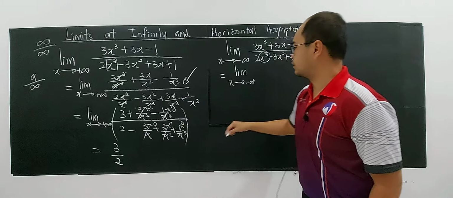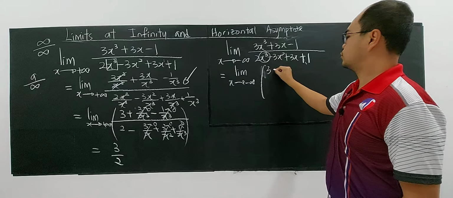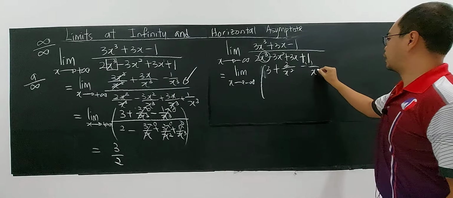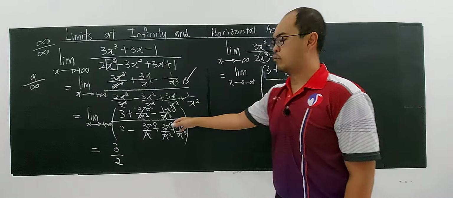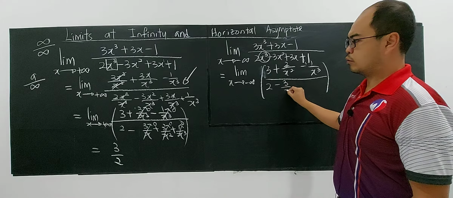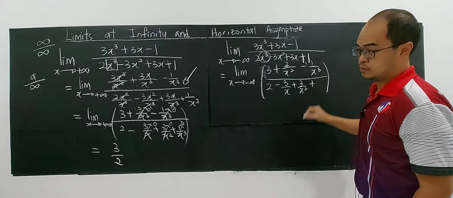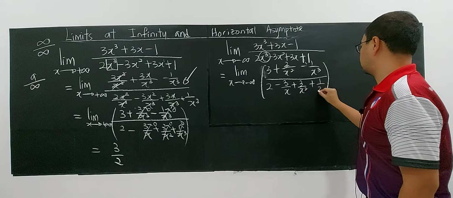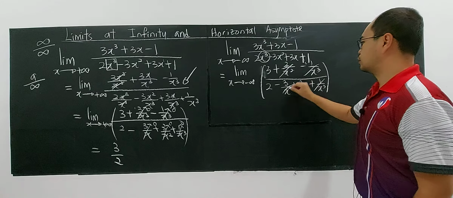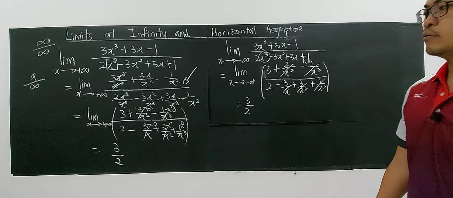So then you're getting a limit of 3 plus 3 over x squared minus 1 over x cubed, I just copy what's from before and put it here, over 3 over x plus 3 over x squared plus 1 over x cubed. And same thing here, if you put infinity here, everything turns to be 0. You are getting 3 over 2 as your value here.